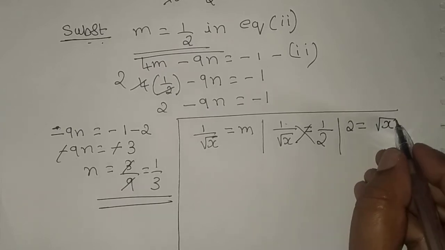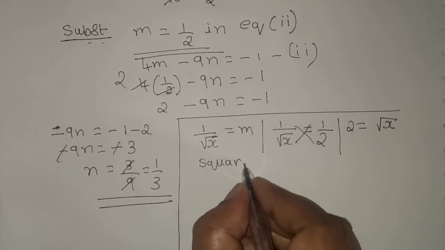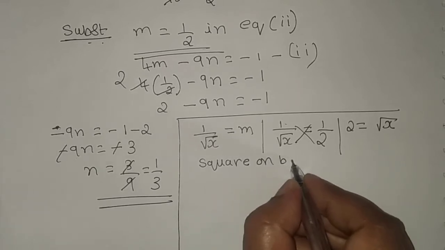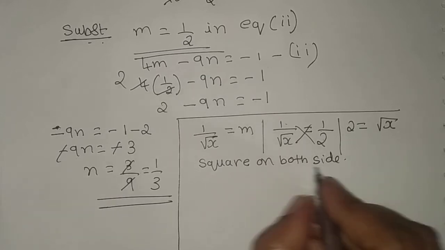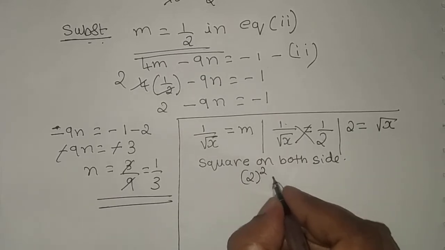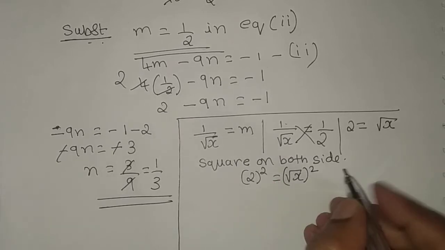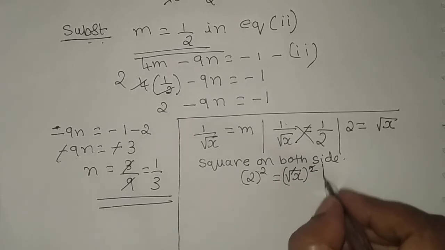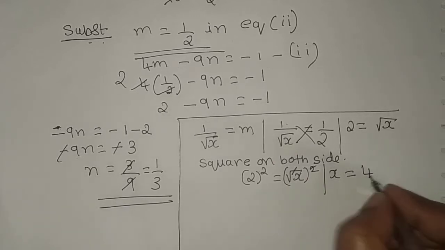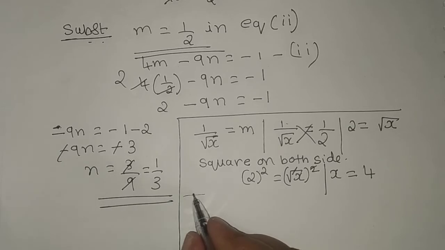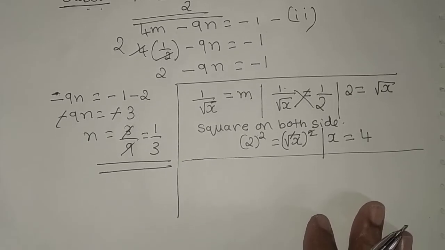So now putting square on both sides: 2 square is equal to root x the square, so this root cancels. Finally what we get? x is equal to 2 square, which becomes 4. So this is how we get x is equal to 4.